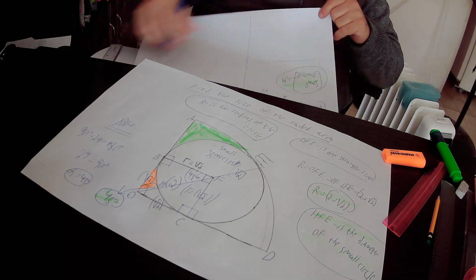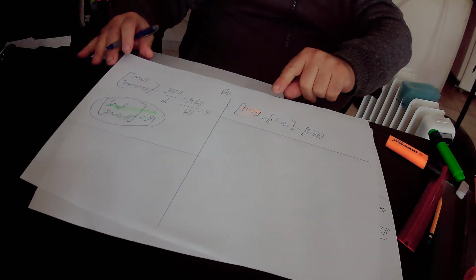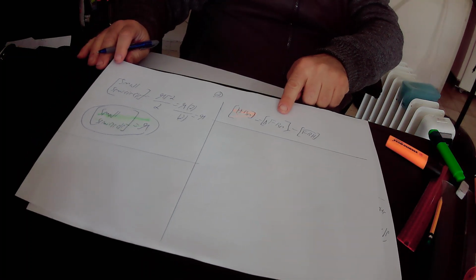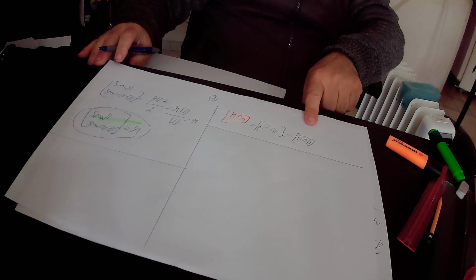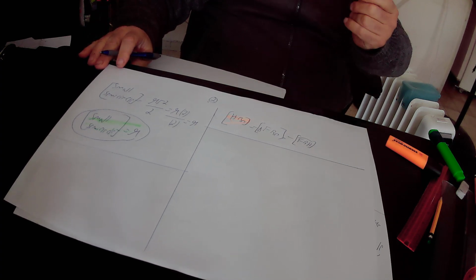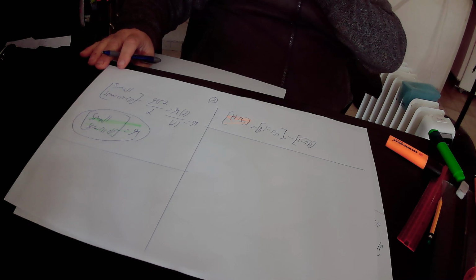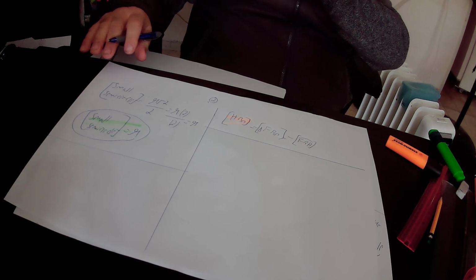Repeat again, the area of the orange shape HBO equals the area of the right triangle FBO minus the area of the small sector FBH. The small sector belongs to the small circle, of course.